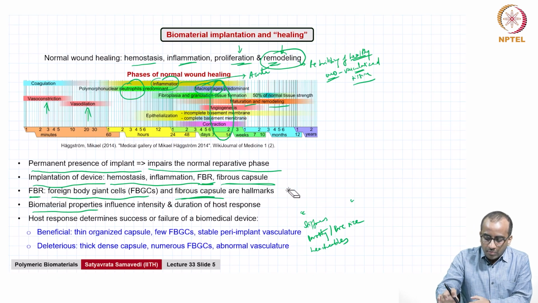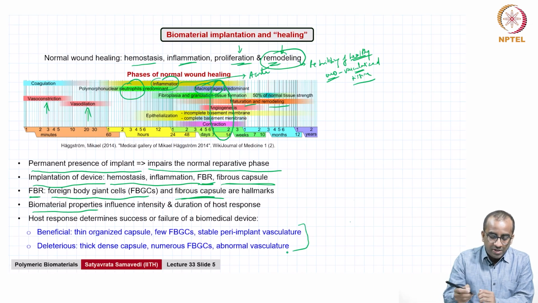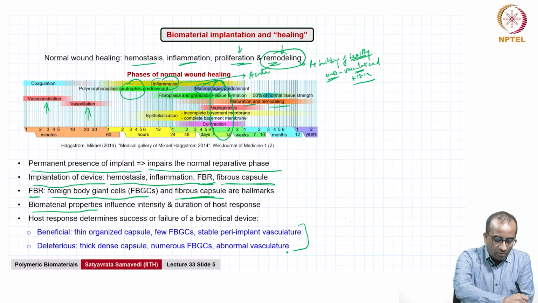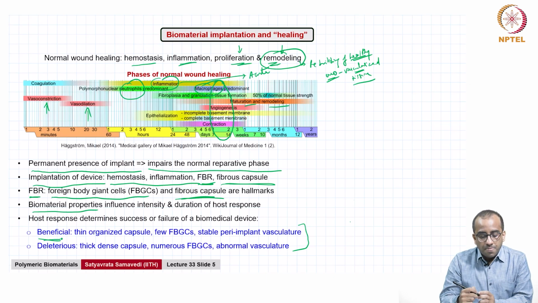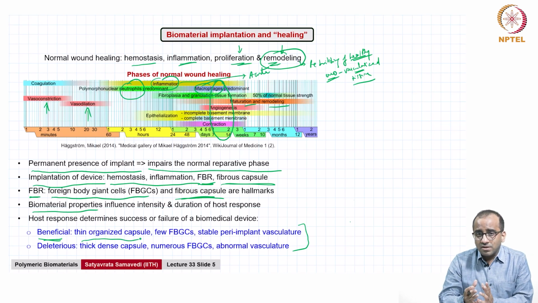Now, potentially, we're listing out two extreme responses here. One could be considered a success, the other could be considered a failure of a biomedical device. Now, in a beneficial response, what you see is a thin and organized fibrous capsule with very few foreign body giant cells and stable vasculature around the implant, the formation of blood vessels around the implant.